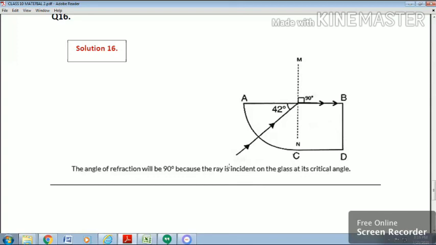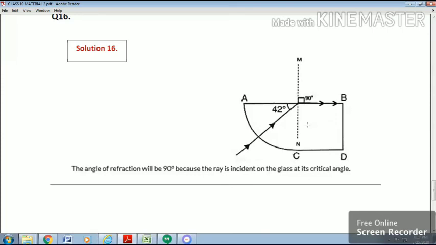The critical angle of the glass is 42 degrees, given over here in the book, and they are telling us to complete the path of the ray till it emerges out from the slab. Mark the angle in the diagram wherever necessary. So the drawing is here. Here the critical angle is 90 degrees. You have to mark it like this.